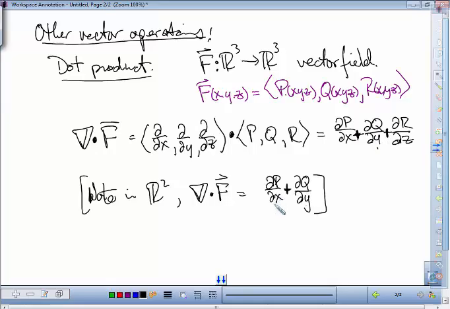Does this one look familiar? Is it Green's theorem? What's wrong with it? Green's theorem is subtracting, huh?